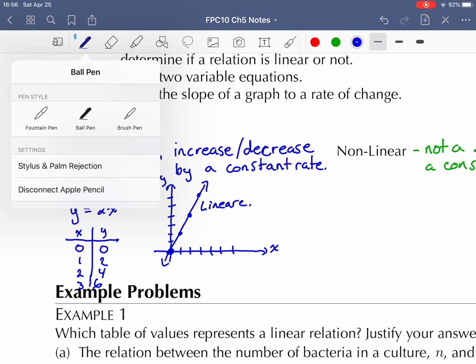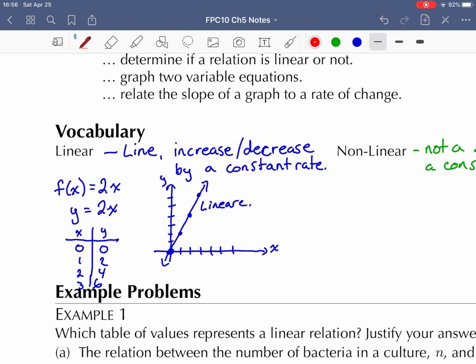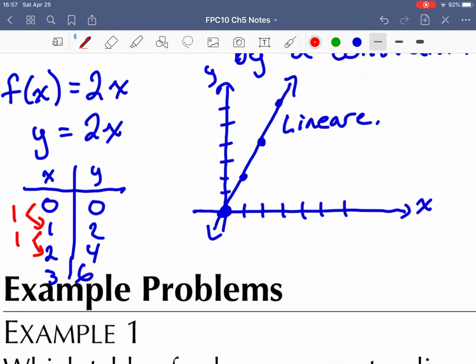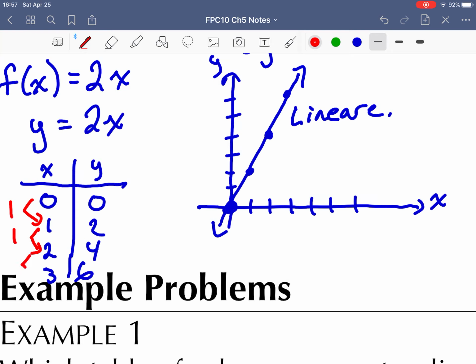Now, if we look over here, we can see in this graph that every time I increase this side, my domain side, by 1, my range side increases by 2. My range increases is my rise, my domain increases is my run.